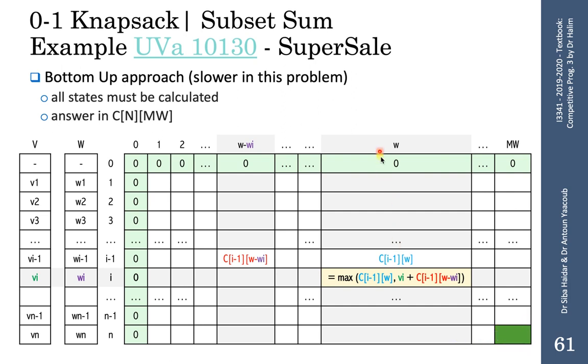So for a general case, how do I proceed? Suppose we have filled all the values in the line i minus 1, and now I will have to fill this particular value in yellow, which is for a current used weight W and a current item i.